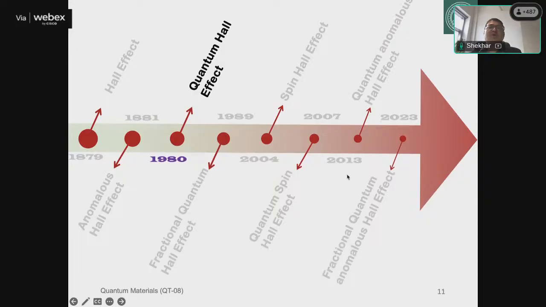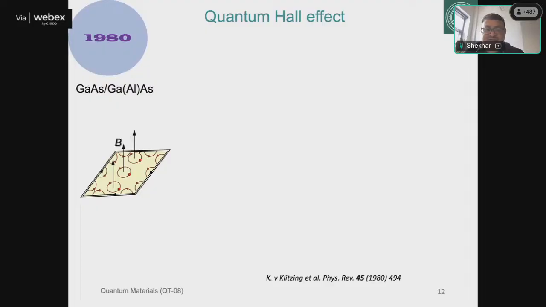The third one is the quantum Hall effect. The first one, the Hall effect, is now going to quantize. The previous one was simple Hall resistance, but the Hall resistance we are measuring here is really going to quantize.